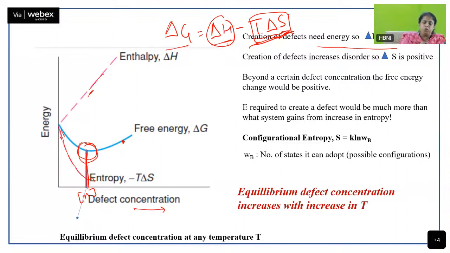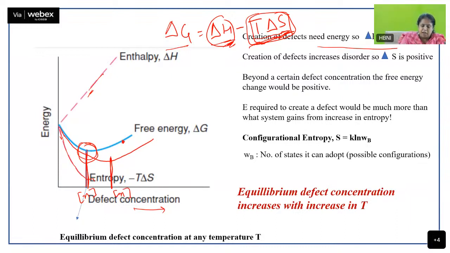Another thing you should note is what happens if I increase the temperature. Whatever story I was telling you was at room temperature. Now I make it 300. When you make it 300, with everything else remaining the same, this term is bigger. This term will be able to fight with the other term up to a larger number of defects, and this G would be somewhere like this. Now the number of defects that your material can accommodate is more.